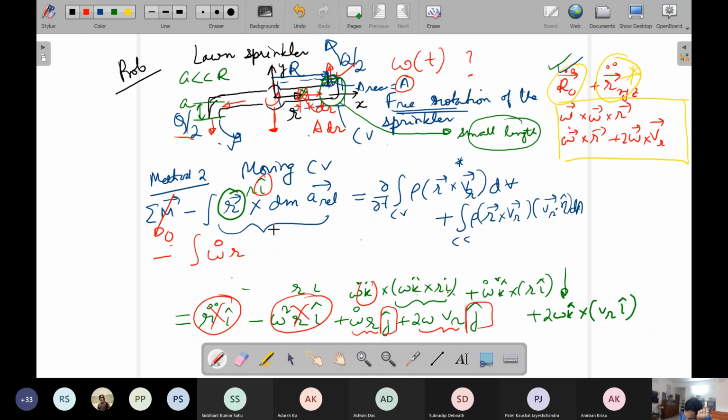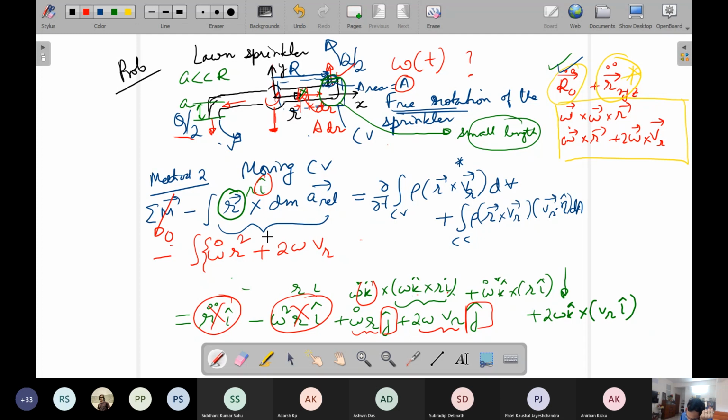So we'll write it separately. Plus, in the bracket, plus 2 omega vr, I cross j is again k.